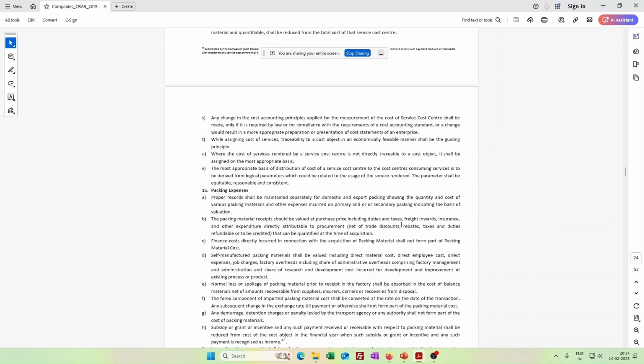Primary packing should be part of the cost of production, but secondary packing should be part of selling and distribution expenses. That should be the activity-wise difference.